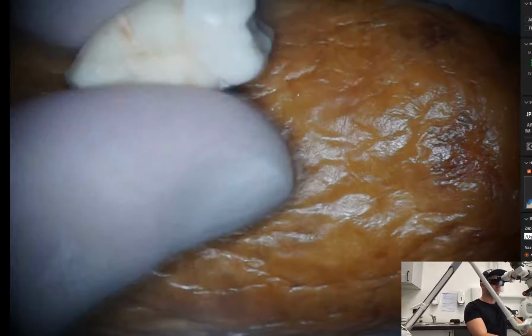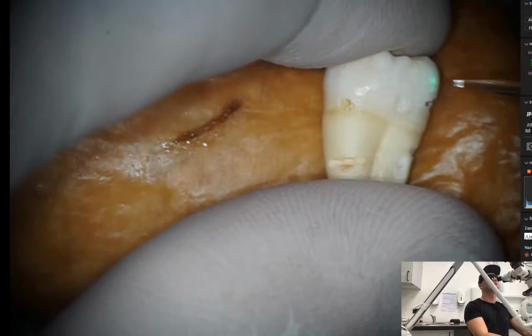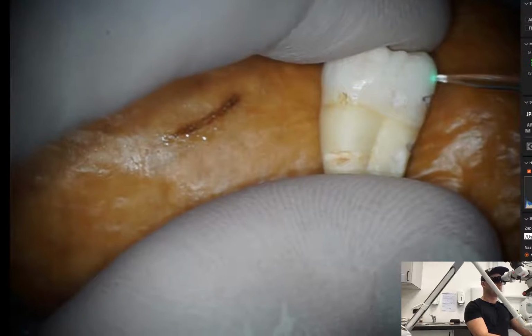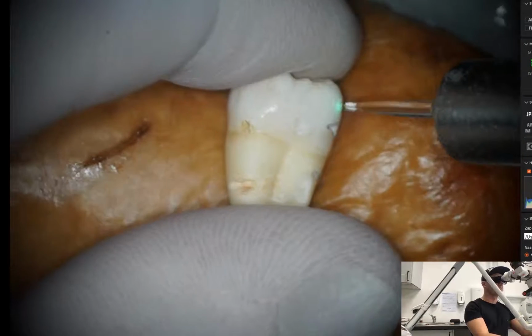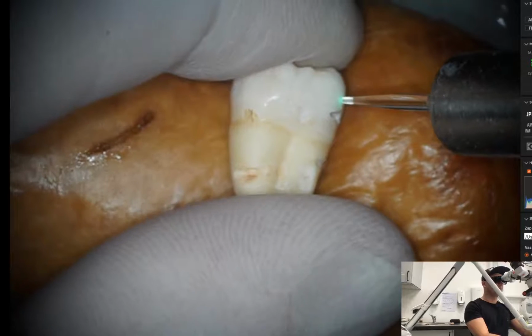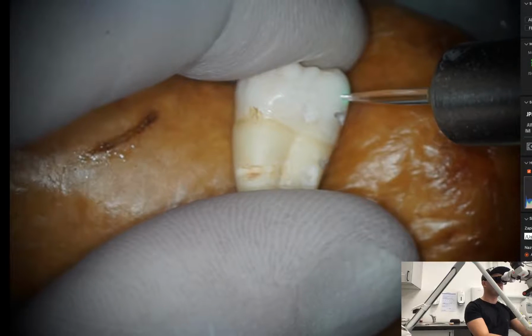So what about enamel? Enamel has less water, but I am taking the same energy, the same frequency, and I start to work and see what happens.